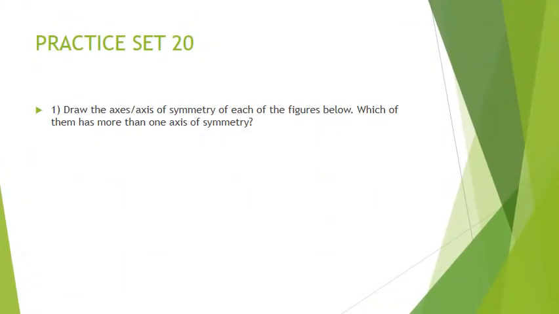Now we'll go to practice set 20. Question 1. Draw the axis of symmetry of each of the figures below. Which of them has more than one axis of symmetry? Now here are some of the figures. You have to identify which of them has more than one axis of symmetry.